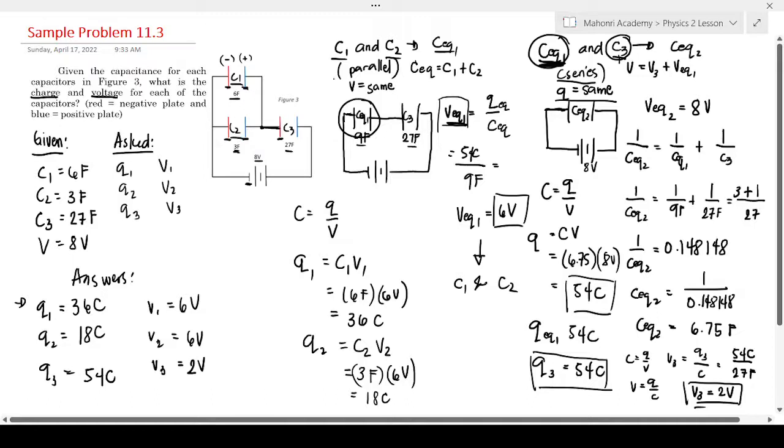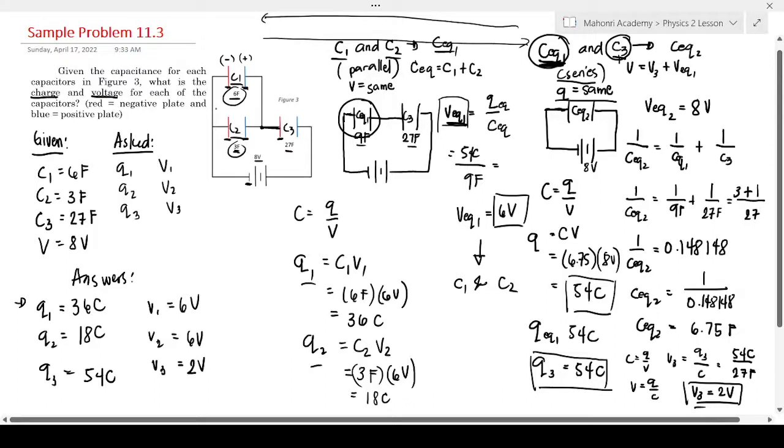And since they're in parallel, by measuring the voltage, you're basically measuring already the voltage of C1 and C2. After measuring the voltage of C1 and C2, since you know their capacitance, it's now easy to measure their Q. So it's just a method of going back and forth. You're simplifying it such that you only have one capacitor, and then you're slowly going back in such that you're revealing each of the individual information each of the capacitors has.